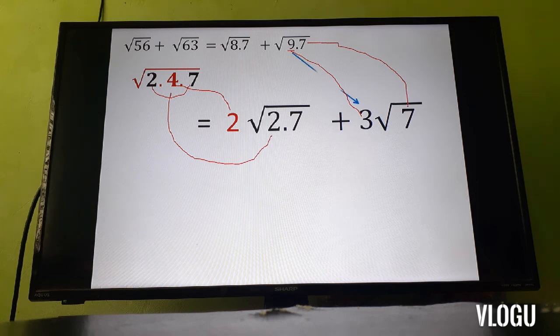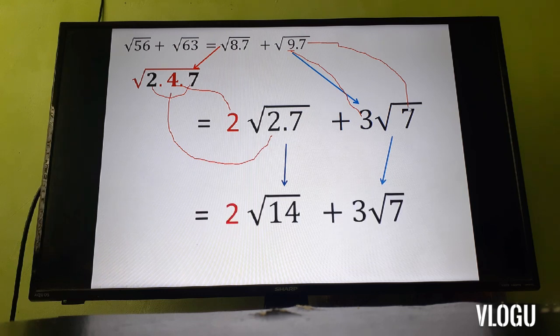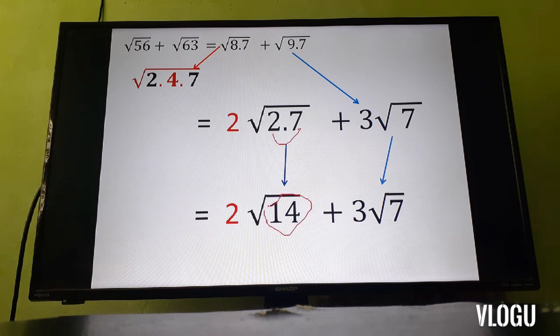Next, we have now to find out our final answer. To solve for our final answer, we have to multiply 2 times 7, and that is equals to 14.